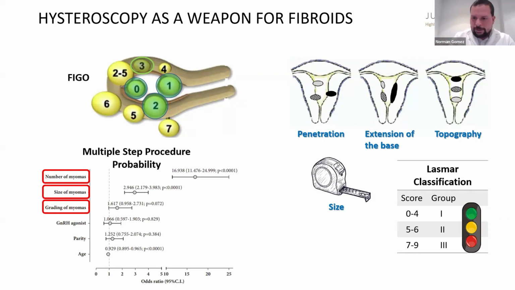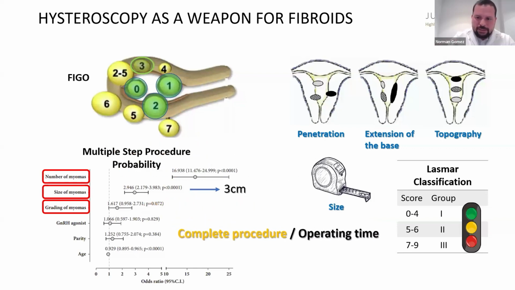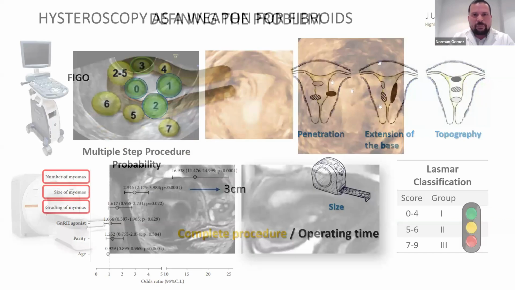The main variables are the number of fibroids, the size, and also the FIGO grade. It seems a 3 centimeter fibroid predicts a very difficult procedure by hysteroscopy. So this is a starting point, our guide, before approaching this kind of case.